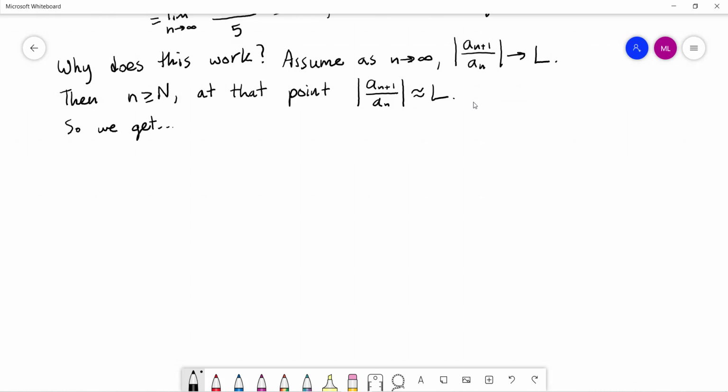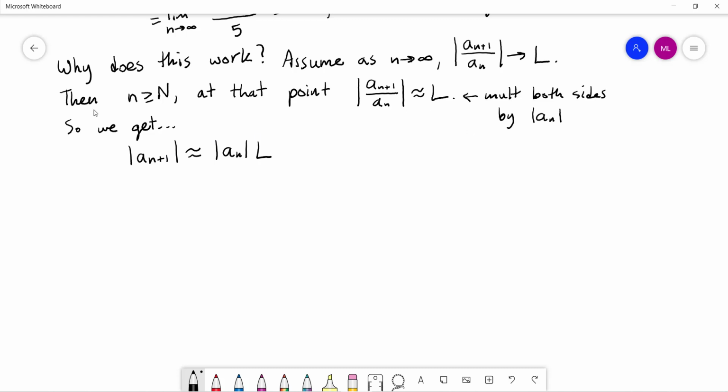I'm going to multiply both sides by the absolute value of a sub n, and we'll get the absolute value of a n plus 1 is about the absolute value of a n times L. So again, all I've done is multiply both sides by the absolute value of a sub n. And doing that gives us this representation here.